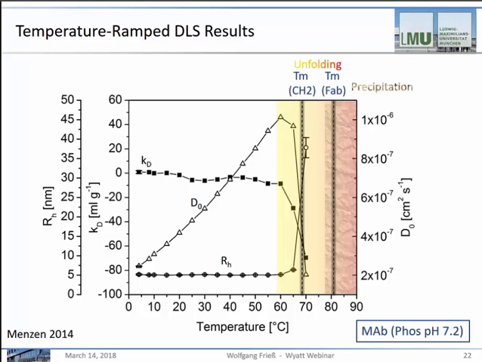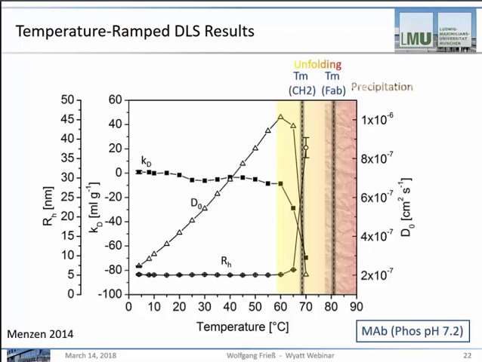The hydrodynamic radius stays the same, and also the interaction parameter Kd does not change for a long time, up to about 60 degrees C. And this is when unfolding sets in. And with this unfolding, you can see that we reach the Tm of the CH2 domain.